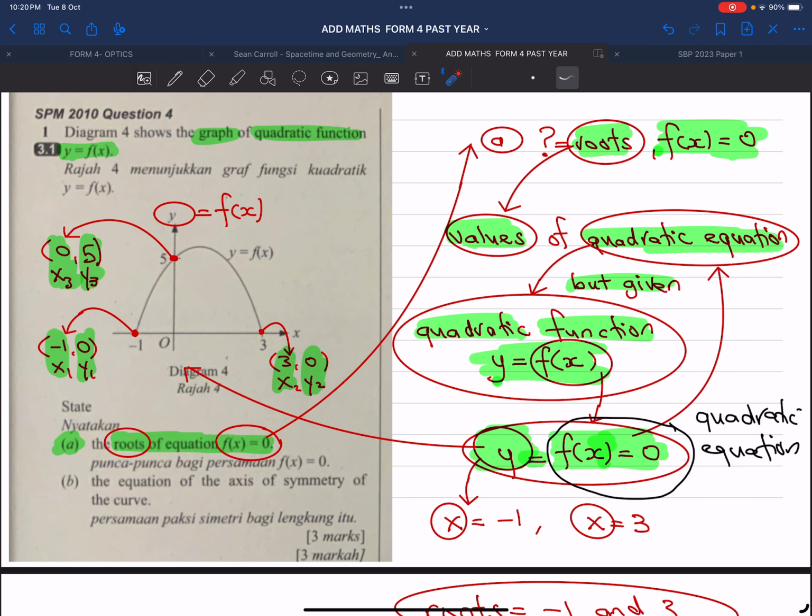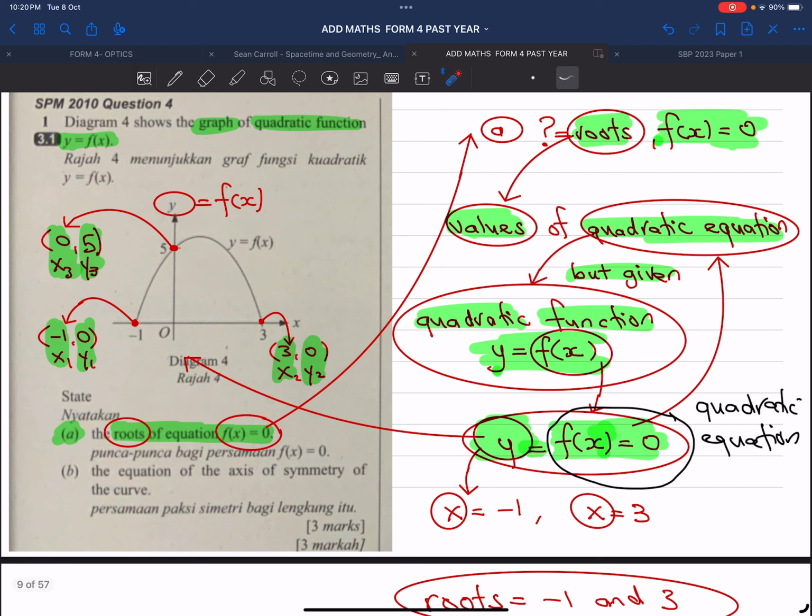So here we have two things. The y equals f(x) equals 0, which means the y is equal to 0. So if the y is equal to 0, we will go to the graph where the y is 0, y2 is 0, y1 is 0. And when y2 is 0, the x2 is 3.